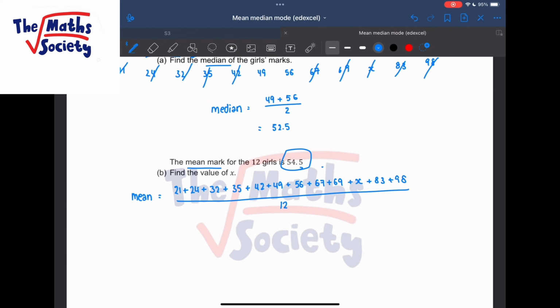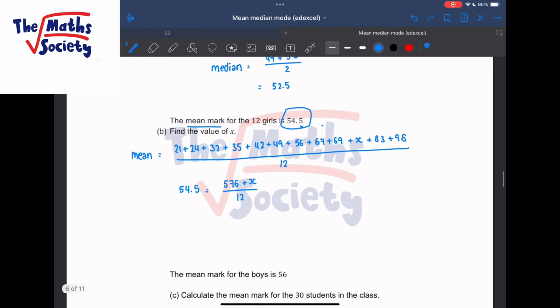So the total would be 576 plus x divided by 12 is 54.5. So then 576 plus x equals 54.5 multiplied by 12, which you will get 654. And you want x, 654 minus 576, which you will get an answer of 78, and that is the score of x.